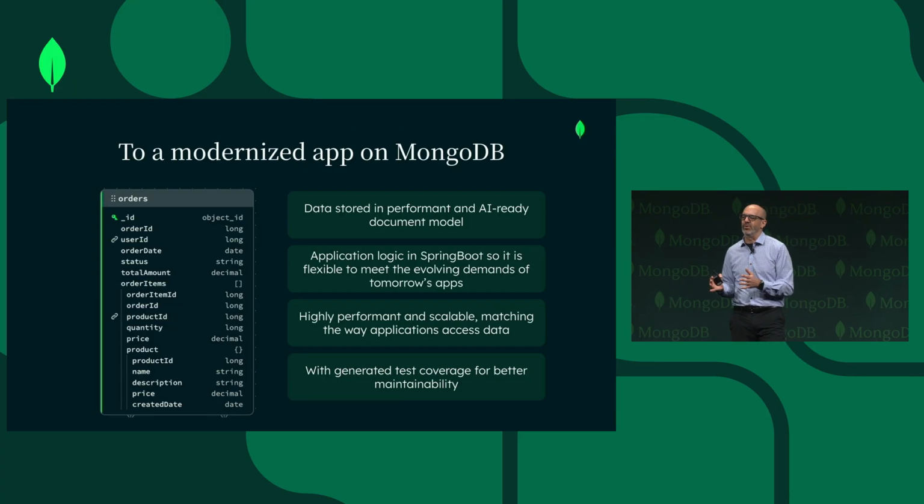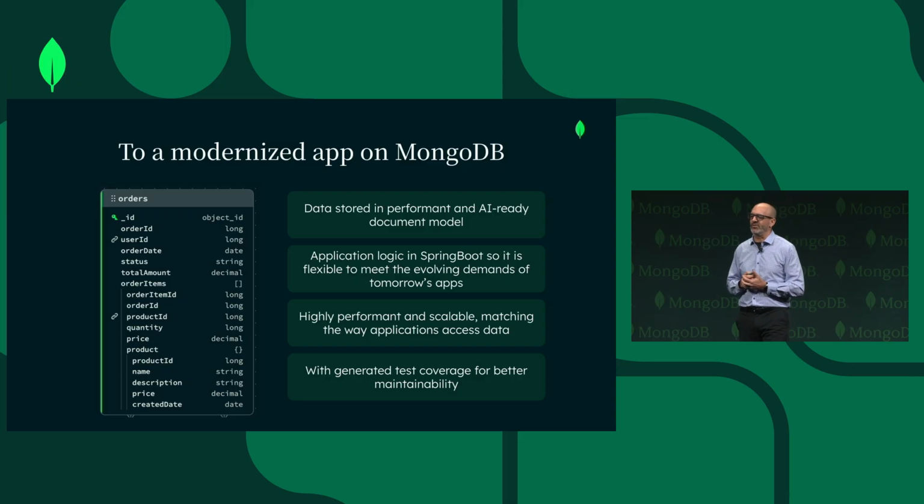What we need to do is get this application on MongoDB so that it's performant and AI ready. We're also going to build it on Java Spring Boot because we've got all young engineers who that's what they're comfortable with. It also gives us the ability to rapidly innovate and not have to worry about a lot of low-level details.